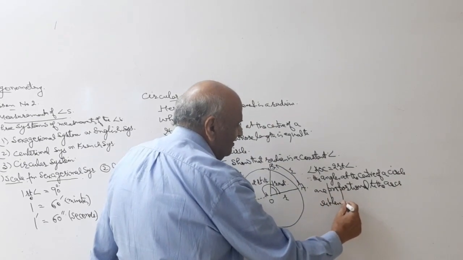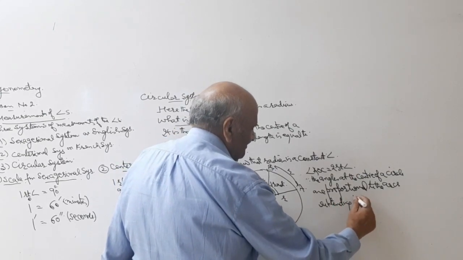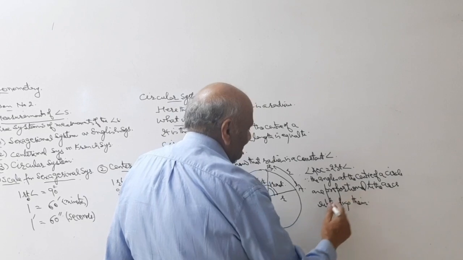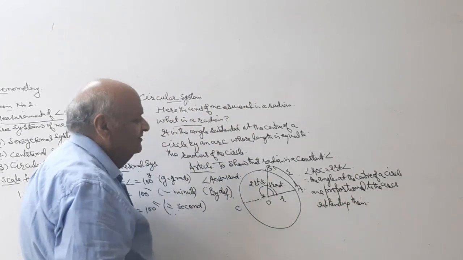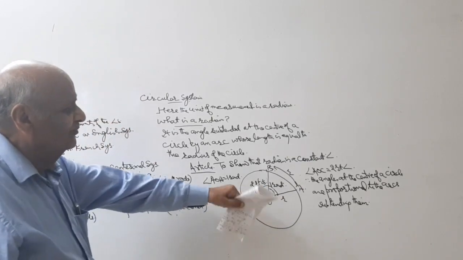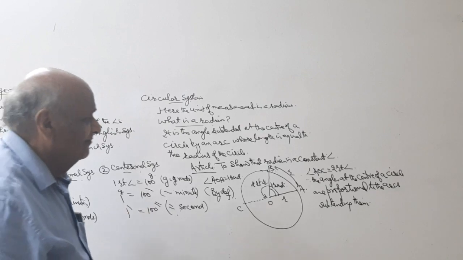This is a basic formula from 10th class. We know that the angles at the center of a circle are proportional to the arcs on which they stand.